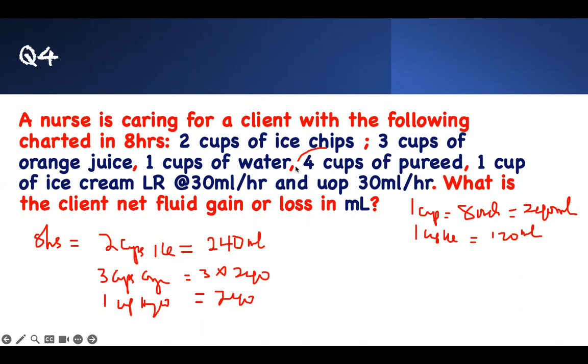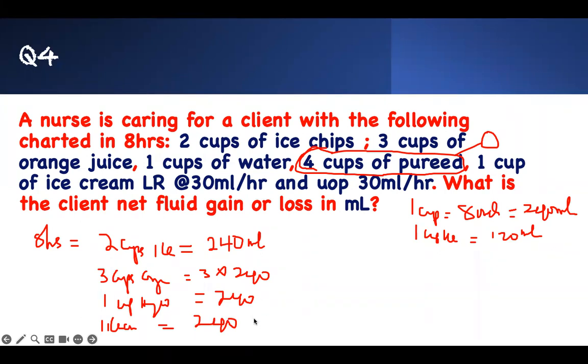This is always a trap. A puree is not considered a liquid. It's not. And therefore, this is 0. Puree will get a 0. Don't add it. 1 cup of ice cream. Ice cream is already melted. So 1 cup will be just 240. So that's the intake for that.